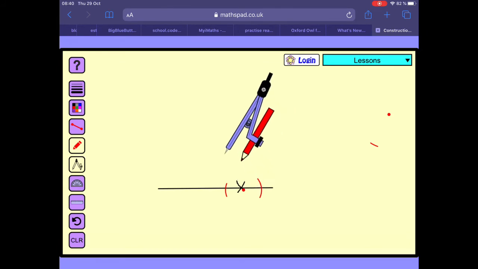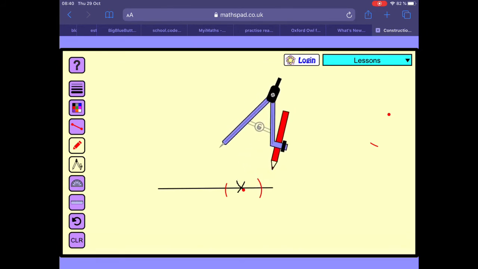Then I take my compass and I'm going to open it more. How much more doesn't matter, so long as I open it more. And again, don't go all the way out, just make it an amount that you're comfortable working with.